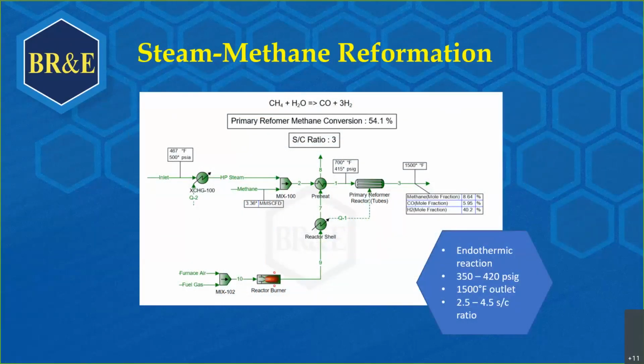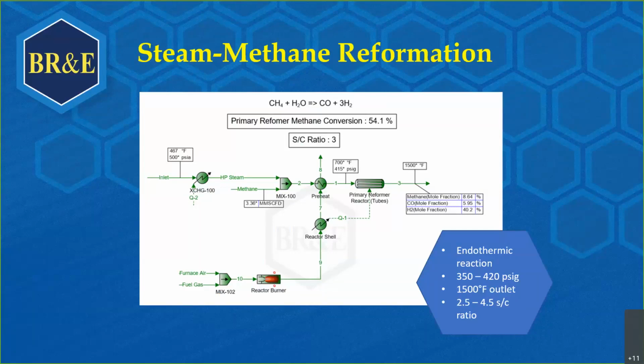Okay, so like we said, one of the avenues we can take to arrive at syngas from natural gas is steam methane reforming. What that is, it's going to take our methane in our natural gas stream, react that with steam to produce carbon monoxide and 3 hydrogens. The picture here is a picture of our ProMax simulation.